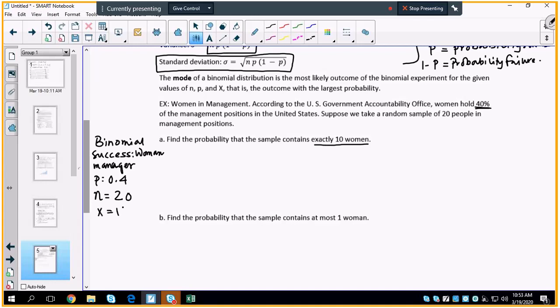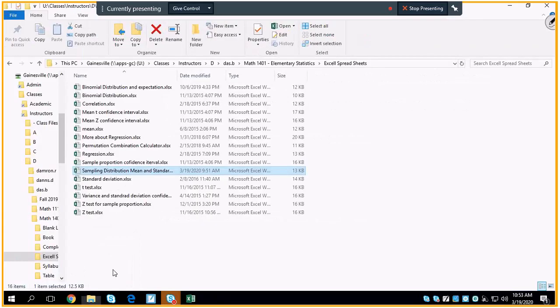All I need to understand is whether I can use the binomial probability distribution. If yes, what is the probability of success? What is the number of trials? And what is the number of successes? Then we will use a probability distribution spreadsheet, one other Excel spreadsheet. So if you go there, it's pretty easy to understand. And see, there are two probability distributions, one called binomial distribution and expectation, the other binomial distribution.